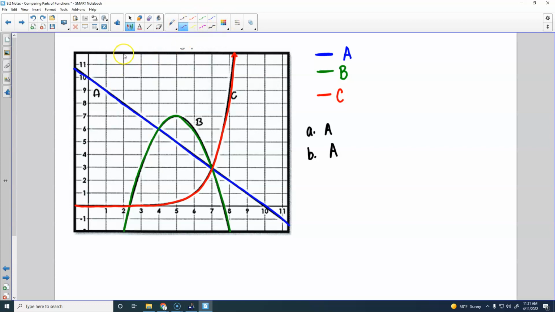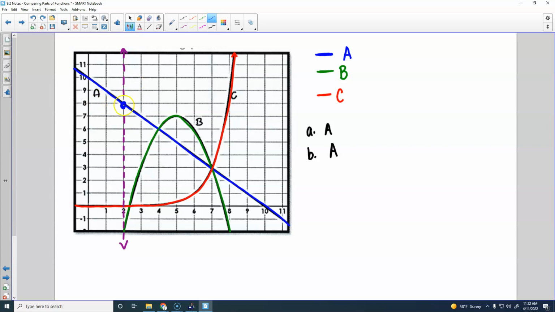Let me use the purple right here. It would be a vertical line right here. So, at x equals 2, if I'm looking at graph A, my y-coordinate there is 8, right?